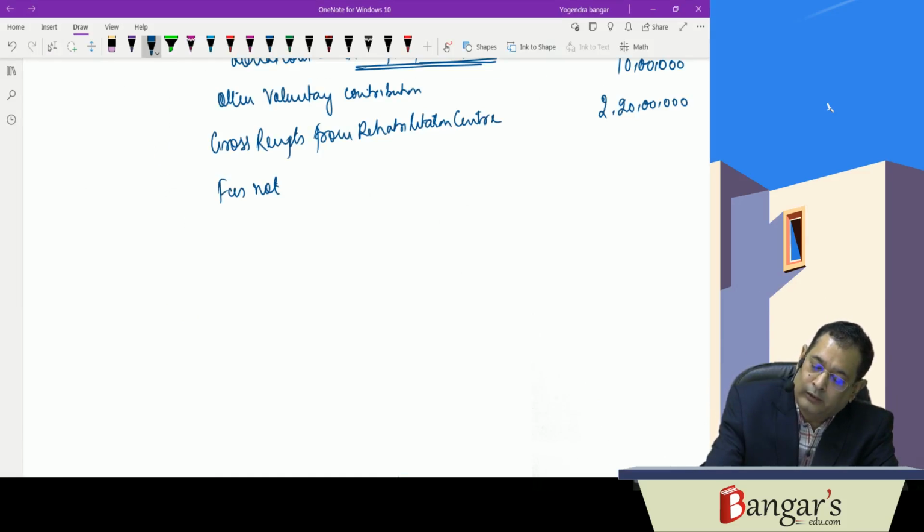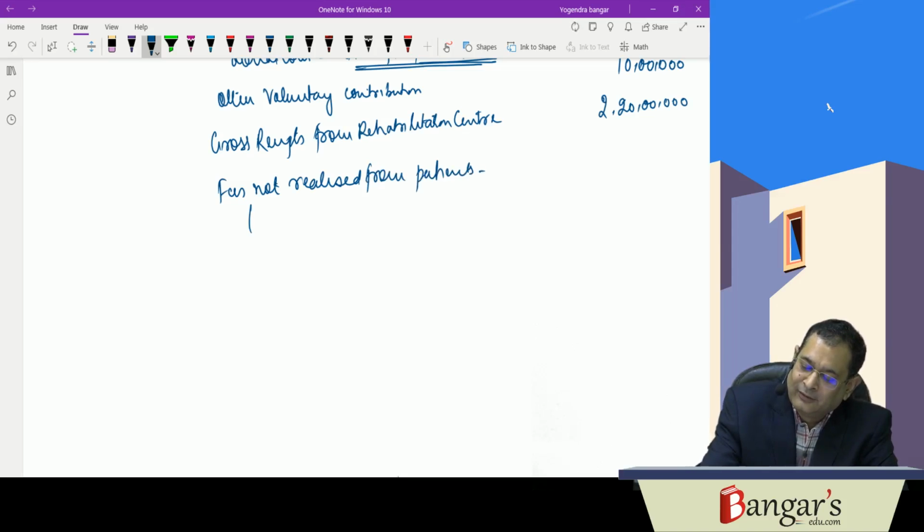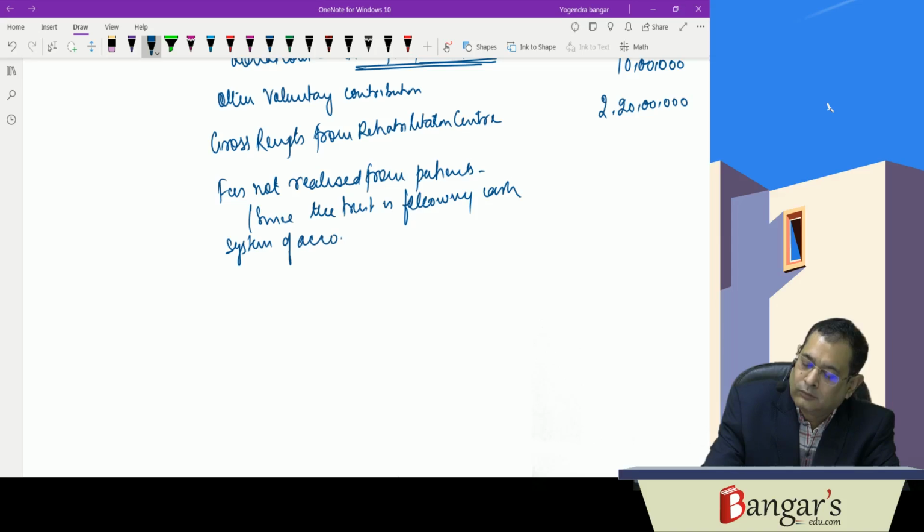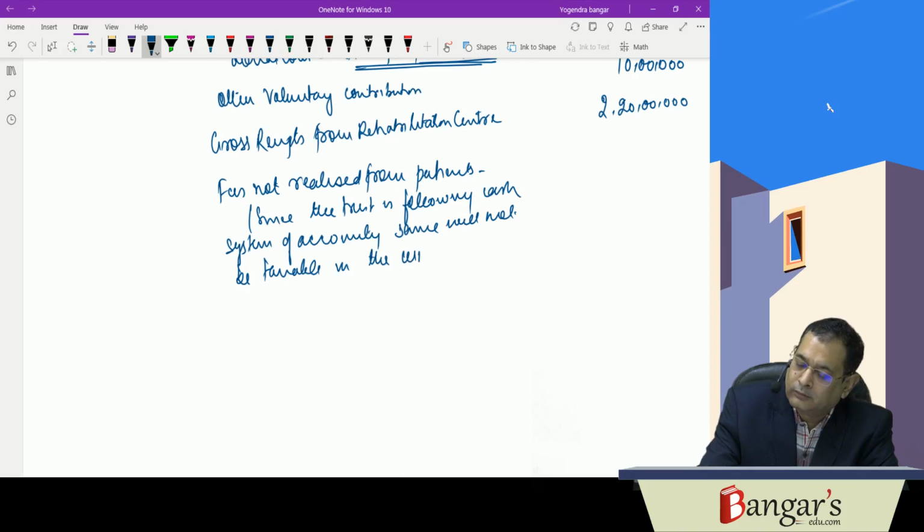Fees not realized from patients. Since the trust is following the cash system of accounting, the same will not be taxable in the current financial year, as it has not been received.